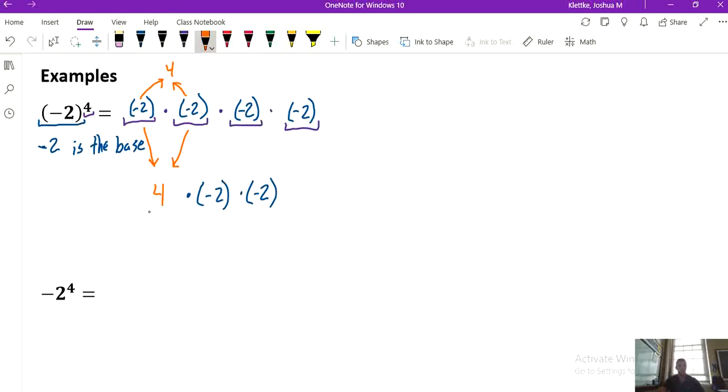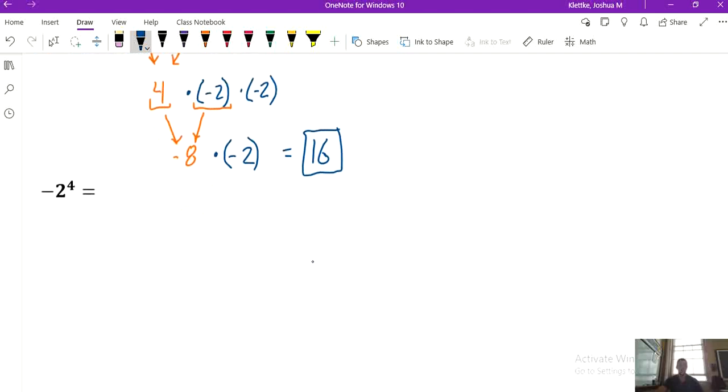If we keep going, +4 times -2 is a positive times a negative, so that multiplication gives us -8. -8 times -2, since they're both negative, equals +16. So we end up with +16 in this case.